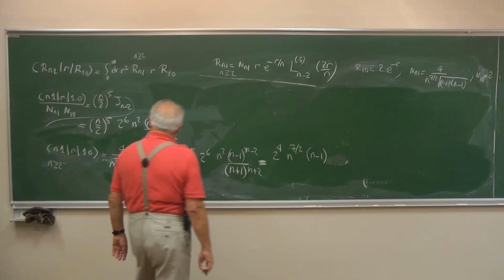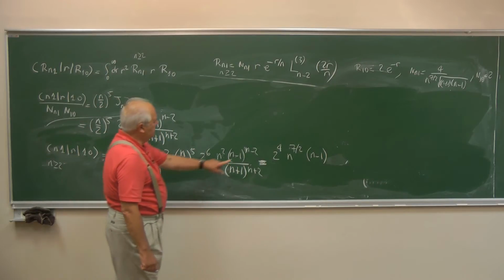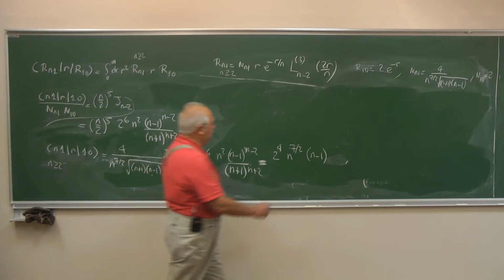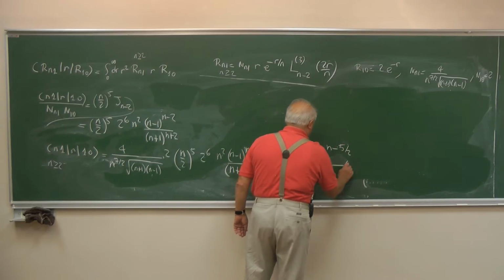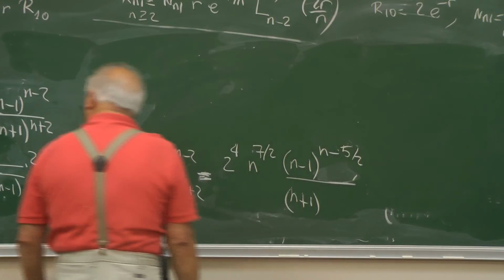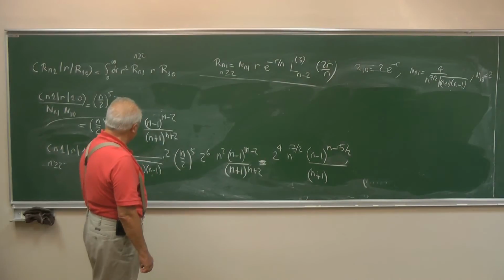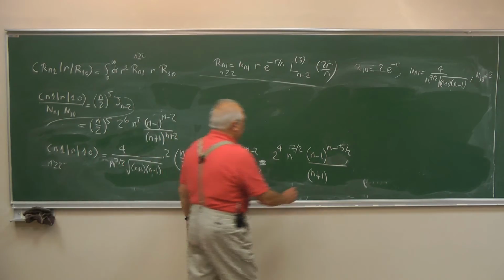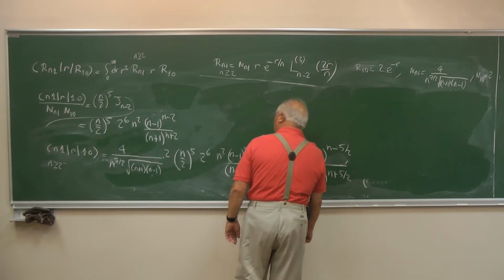I have n minus 2. We have to subtract another 1/2. So this is 4 over 2 plus 1 over 2, 5 over 2. So it is n minus 5 over 2 divided by n plus 1, n plus 2 plus 1/2. 2 plus 1/2 is 5/2. So it is n plus 5/2. Finished.